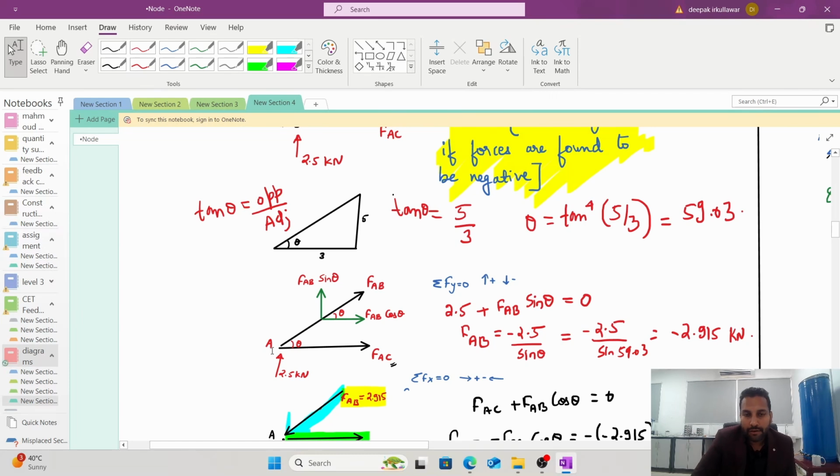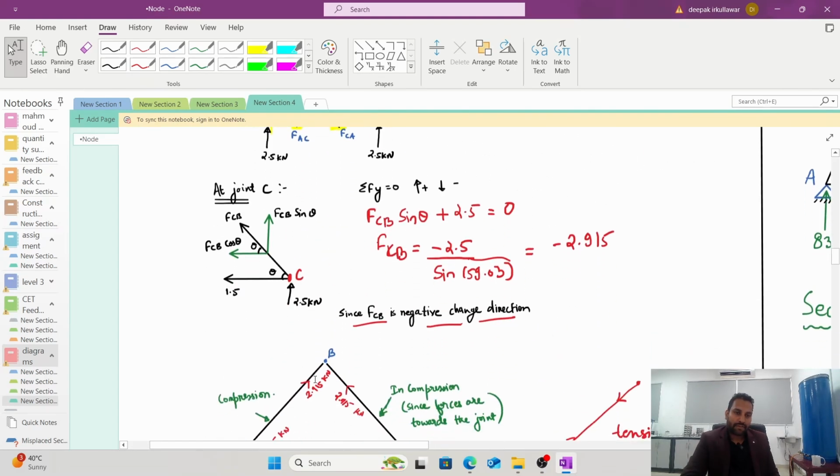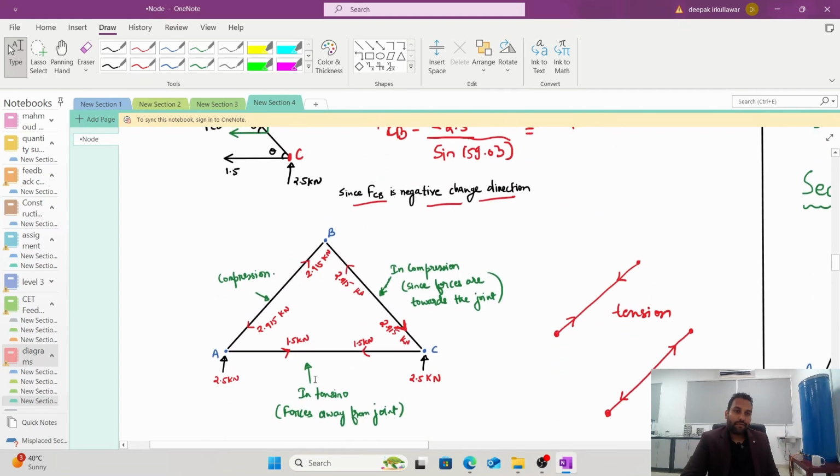If your value of force comes out to be negative, you need to understand whatever direction you have assumed was incorrect, change the direction. Finally, you need to draw the complete diagram showing the values of forces and nature of the forces. Values of forces are 2.915 and 1.5 and 2.915, but the nature also you need to tell, whether they are compression or in tension.